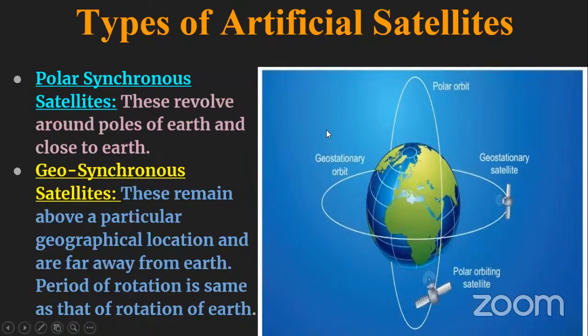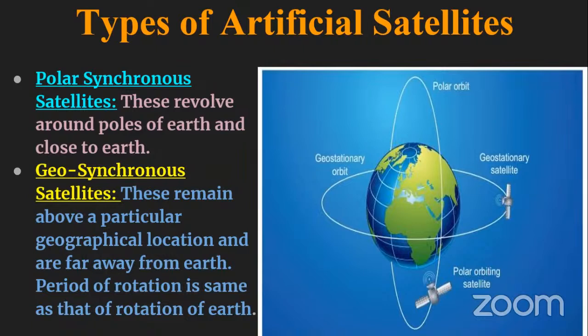Suppose this is my North Pole and this is my South Pole, then the polar synchronous satellites are going to move like this, North Pole to South Pole or South Pole to North Pole. Such satellites are called polar synchronous.